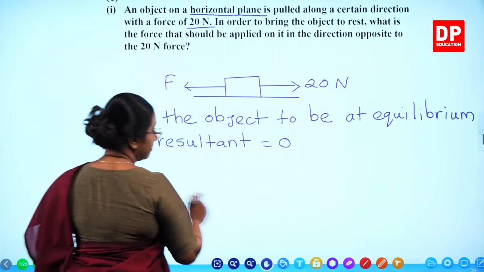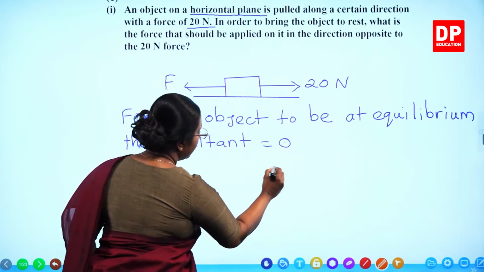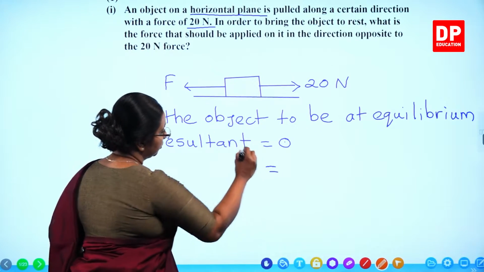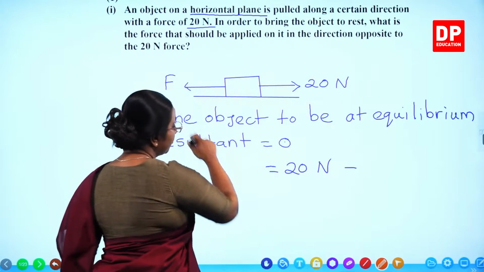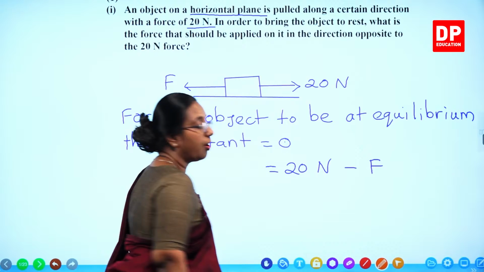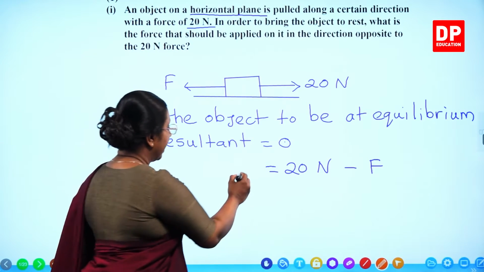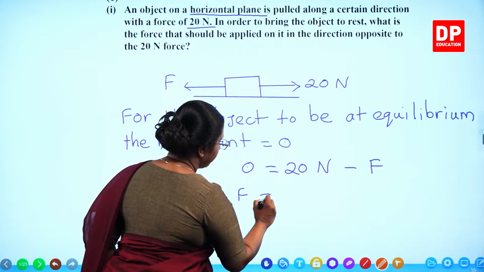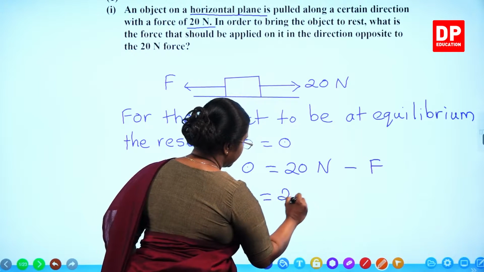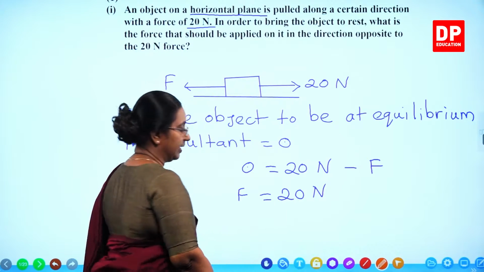So when we say resultant, what is that equal to? We have the 20 Newton force in one direction and force F has to be in the opposite direction. So that is equal to 0. So what is force F? When we rearrange, we get the value as 20 Newton.